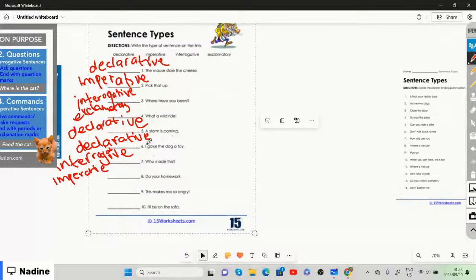An imperative is like you are requesting, right? You're requesting or telling someone to do something. So that is basically the different types of sentences that we wrote on the line based on the sentences that were given.